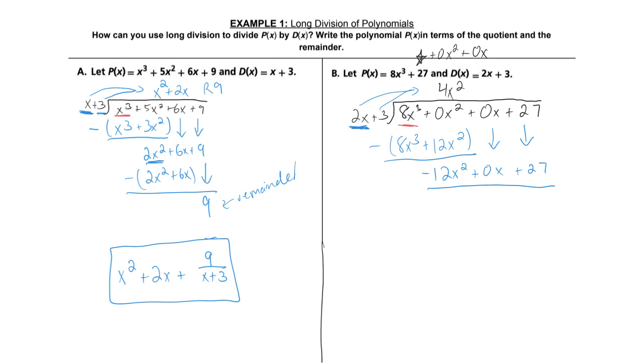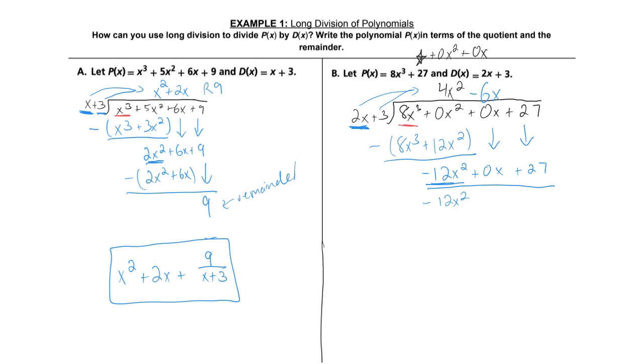Now we're looking at what times 2x gives us negative 12x squared. So negative 6x. Negative 6x times 2x gives us negative 12x squared.